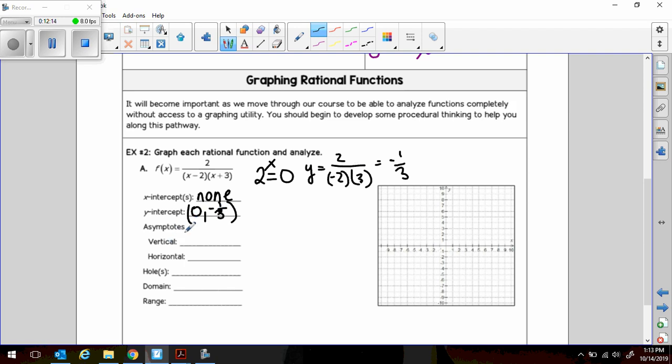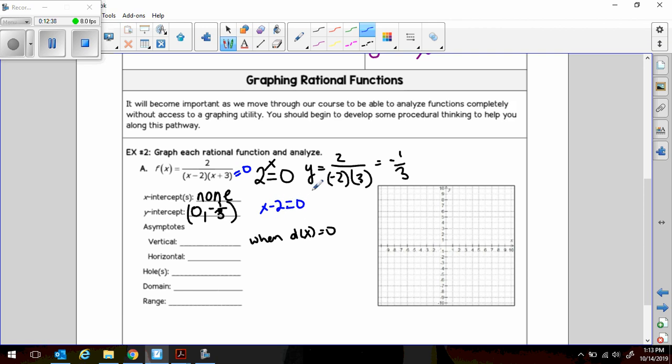The vertical asymptotes, this is when we set the denominator equal to 0. And this one's already factored for us, which is really nice. So this is equal to 0 when x minus 2 equals 0.